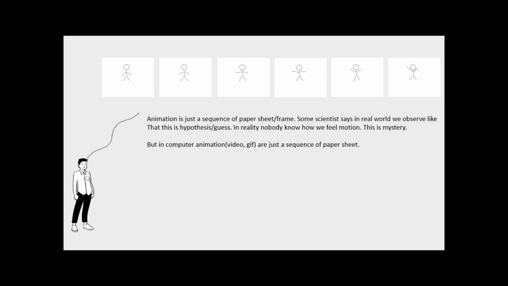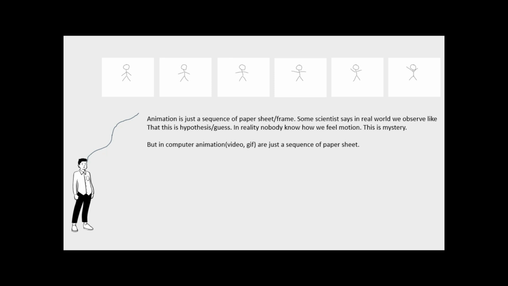Animation is just a sequence of paper sheets or frames, and some scientists say that in real life we observe motion like that. This is a hypothesis, theoretical, but in reality nobody knows how we feel the motion of objects in this universe. This is a mystery.